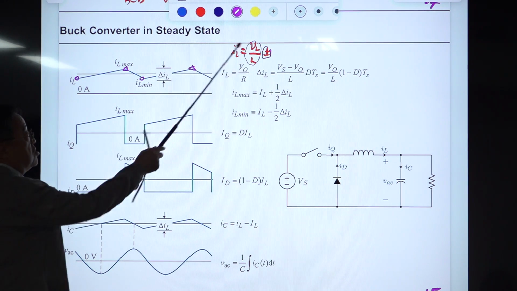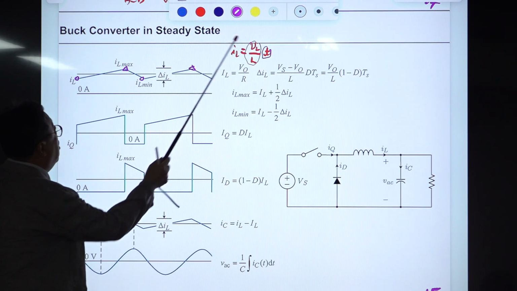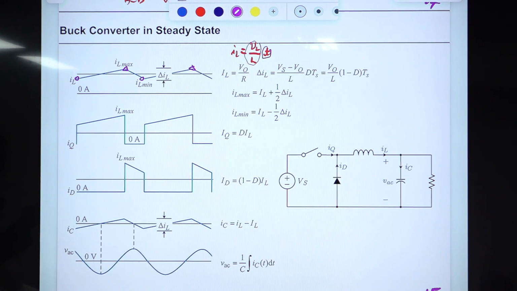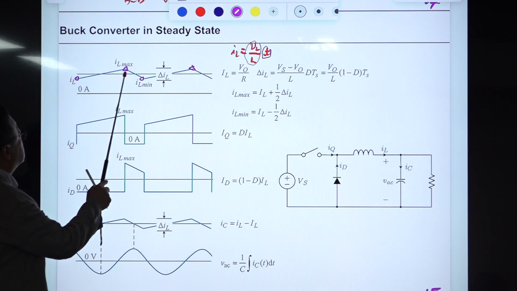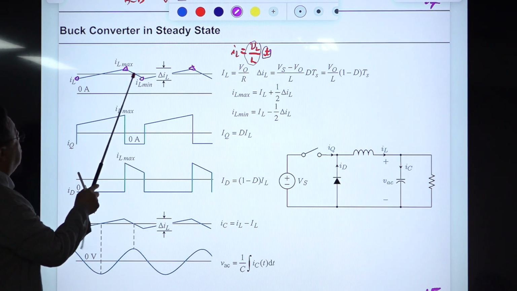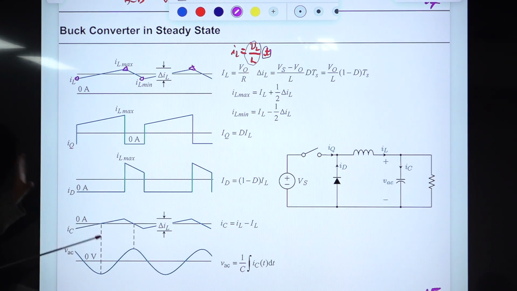This is true when the inductor voltage is not varying, just DC. If that value is positive, the current increases, and during the off-time period the slope is minus Vo divided by R, so it decreases linearly.